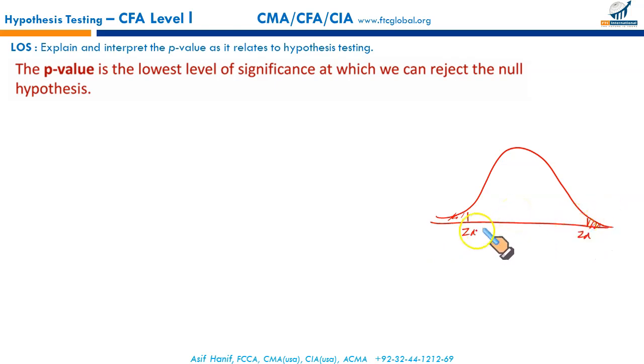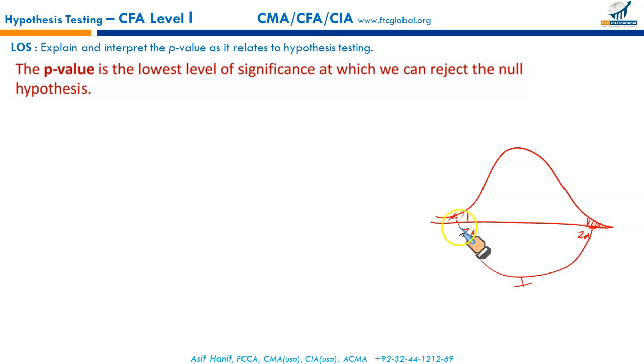And if it's a two-tail test, then the p-value is the sum of the area of the tails, this one and this one. So basically the strength of the evidence against null hypothesis increases as the p-value becomes smaller.